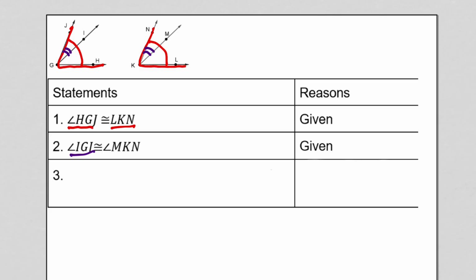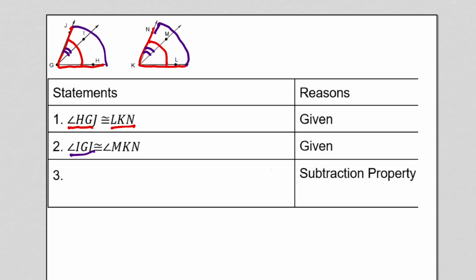And the conclusion eventually is going to be that the other piece, the MKL piece, is going to be the same. If you imagine these as slices of apple pie, if the big piece was originally equal and you cut off a sliver from each of them, the remaining piece will be equal also. So for this one, it's going to involve subtraction.